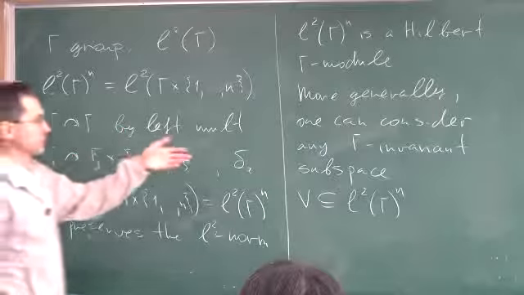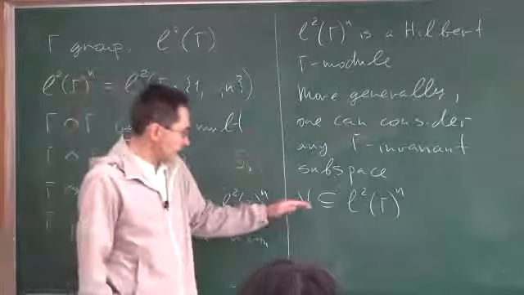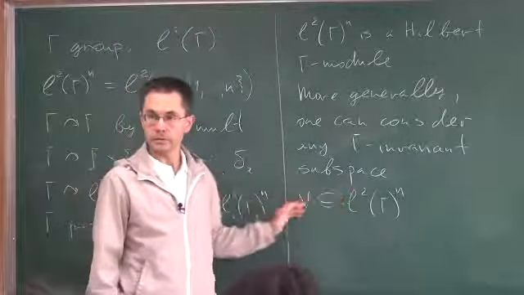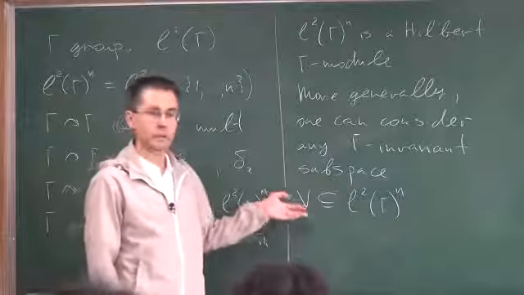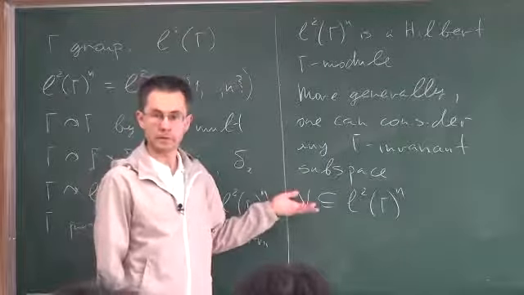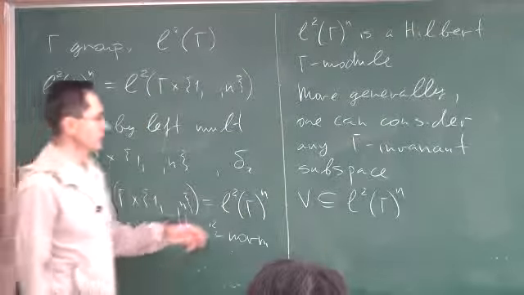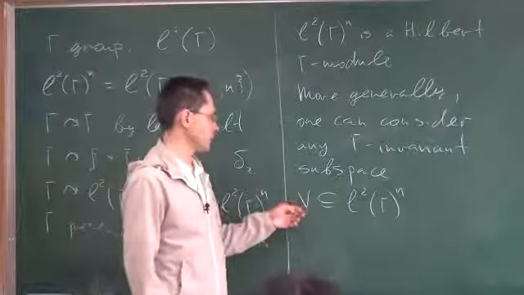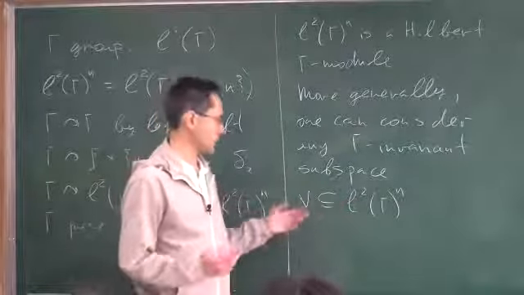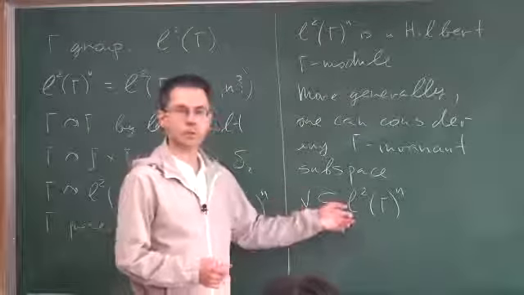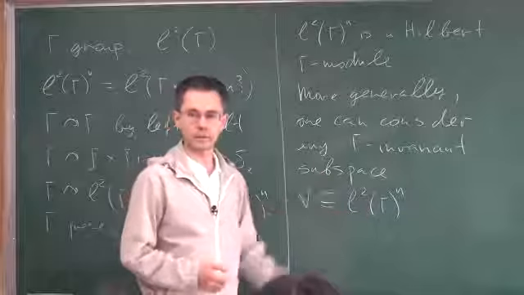I didn't say closed. If this V happens to be closed, then it also becomes a Hilbert space. A Hilbert space, by definition, should be complete. If V is not complete, it's a subspace, but it might not be complete. You take the closure of V, that closure is complete here.